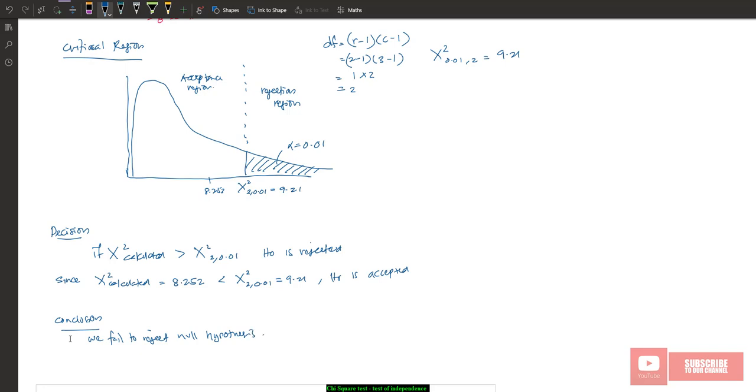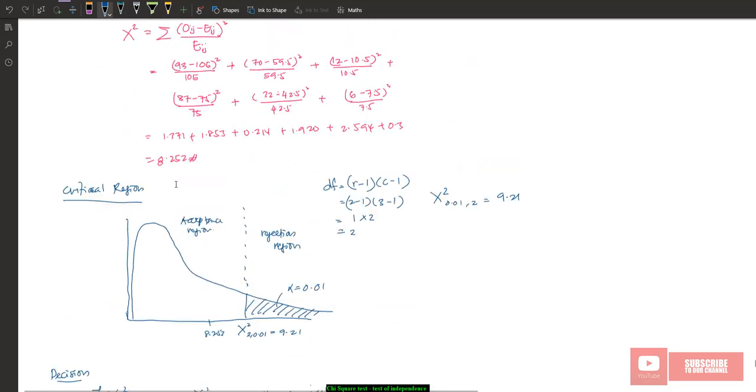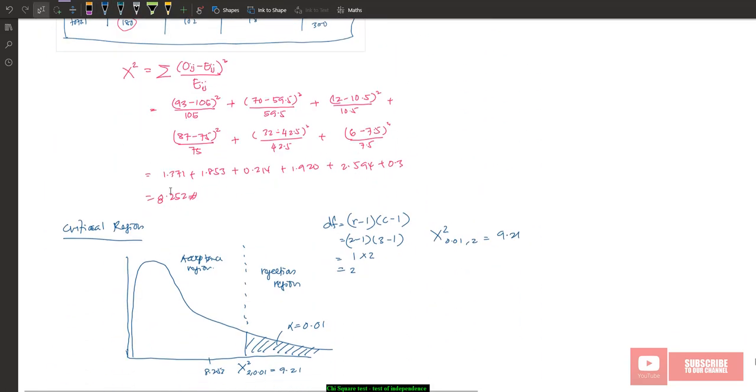So we can conclude that gender and opinion of adult are independent. So they are not related at all, right? So that's how we do a test of independence for this example.